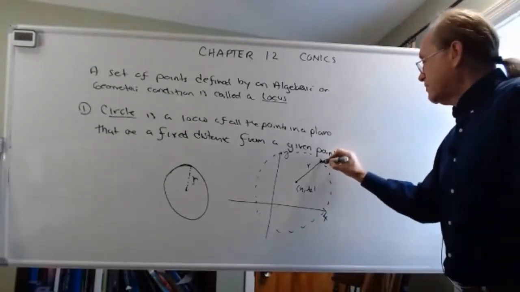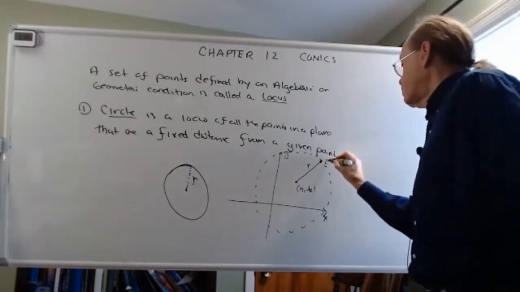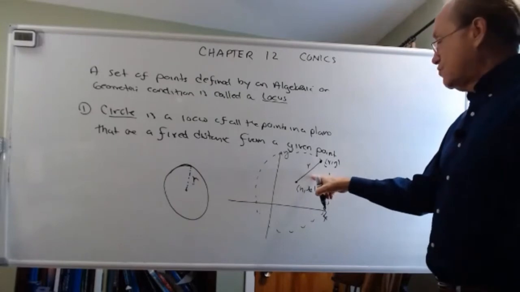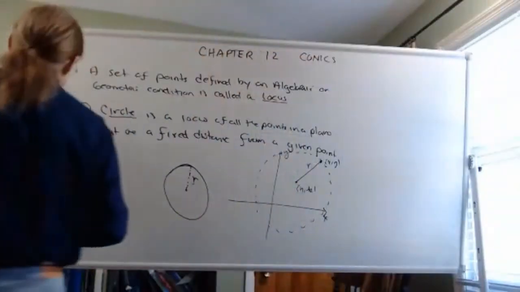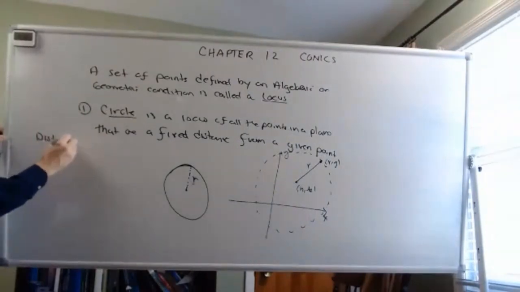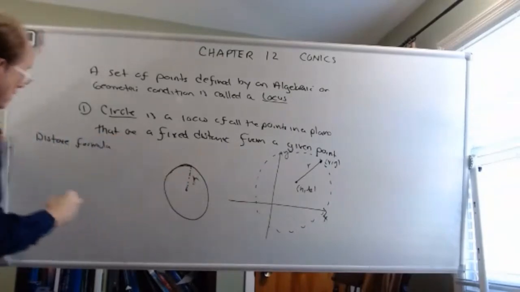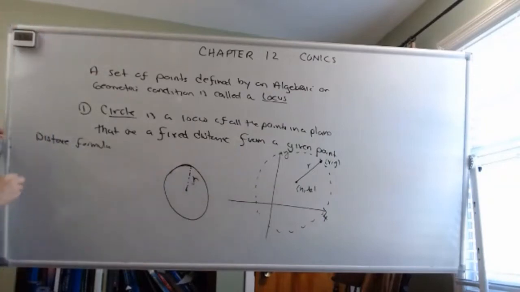Okay, so this is a point that's on that circle, and it has some generic coordinates, x comma y. So that's a distance. Let's use our distance formula. We have two points over there: one with coordinates x comma y, the other h comma k.